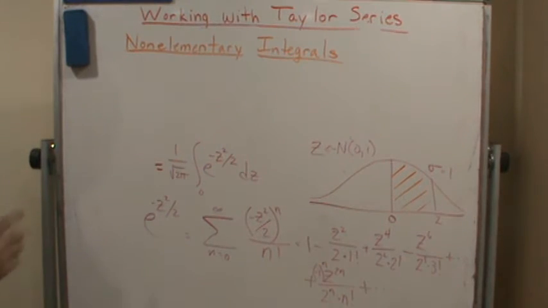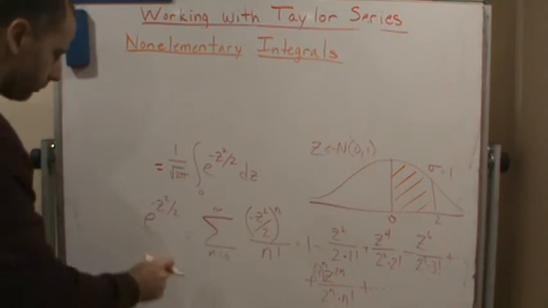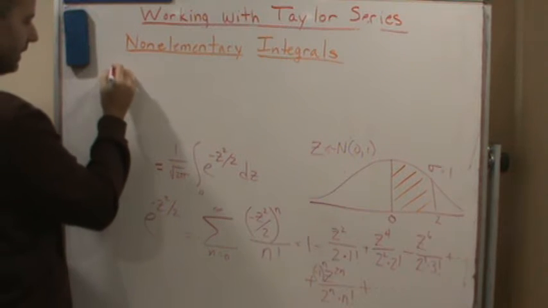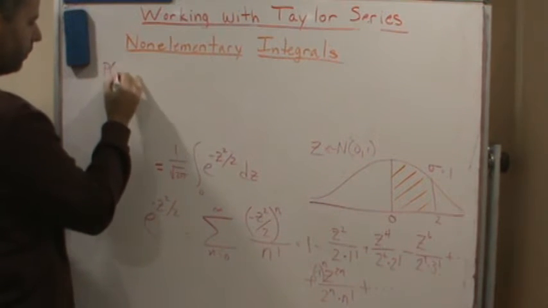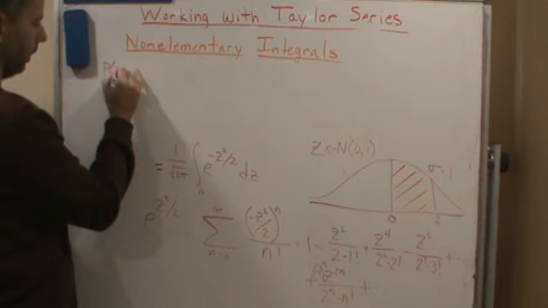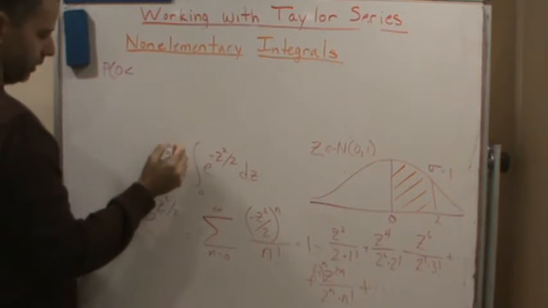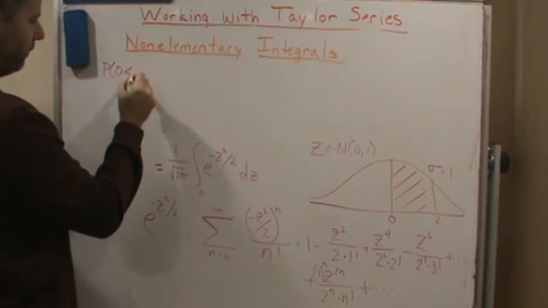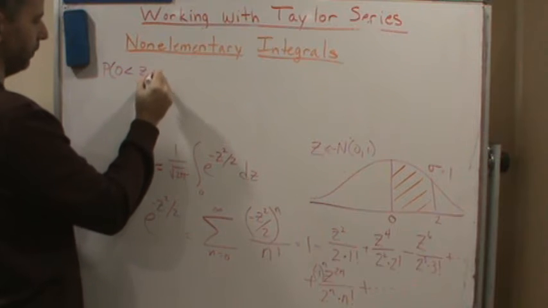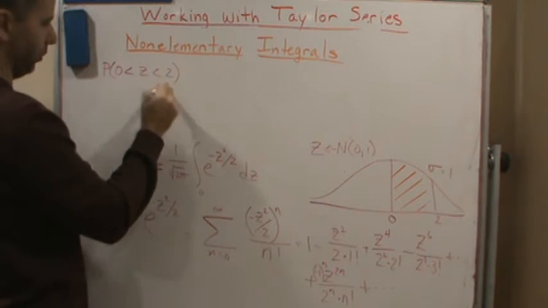Okay, so now I'm going to stick this in here. So this is now the probability of x, z being between 0 and 2.